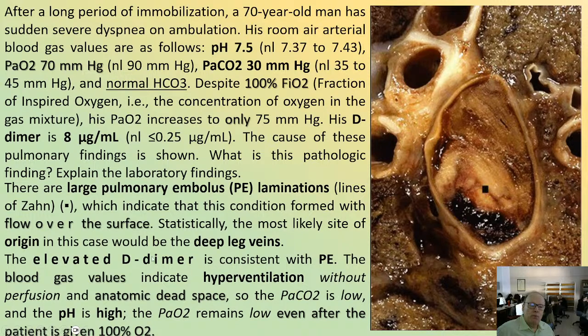This would show hyperventilation. That's why the partial pressure of carbon dioxide in the arterial blood is low. The pH is high, yes. And look here, the partial pressure of oxygen remains low even after the patient is given 100% oxygen. And pay attention to this.